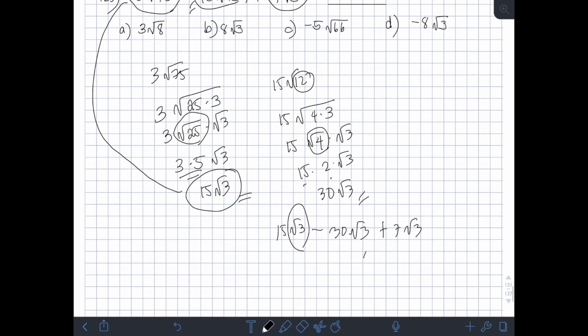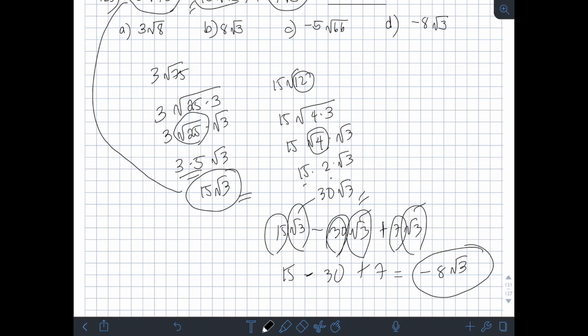So dahil pare-pareho na sila ng radical expression, square root of 3, pwede na lang nating i-perform yung operation dun sa mga number outside the radicals, which is itong 15, tapos minus 30, right? And then plus 7. So ilan yan? Negative 8. And then, tsaka natin i-affix yung radicals nila na common, which is square root of 3. So, therefore, the final answer is negative 8 square root of 3.